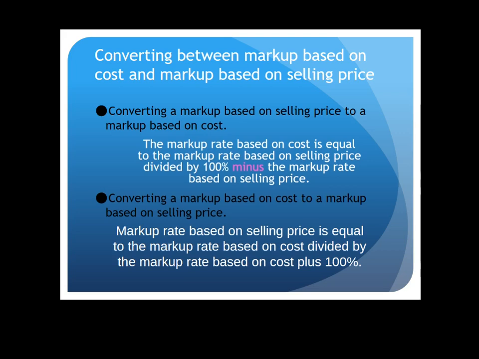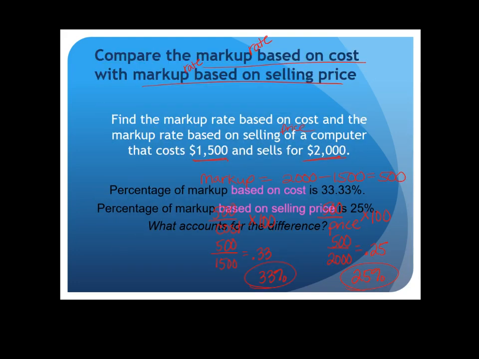Okay. If you want to convert between markup based on cost and markup based on selling price, so let's say you're converting a markup based on selling price to a markup based on cost. The markup rate based on cost is equal to the markup rate based on selling price divided by 100% minus the markup rate based on selling price. So basically it's doing this backwards.